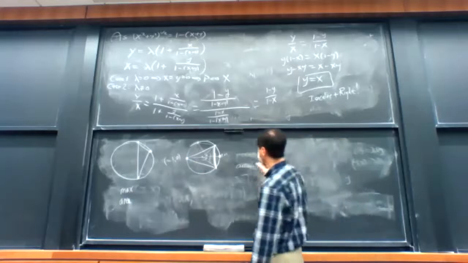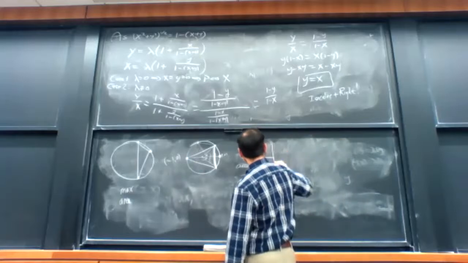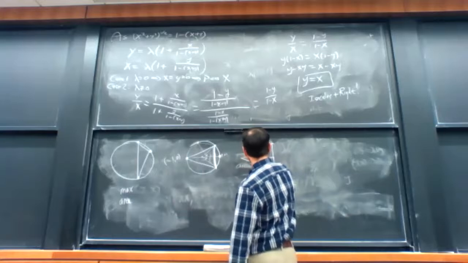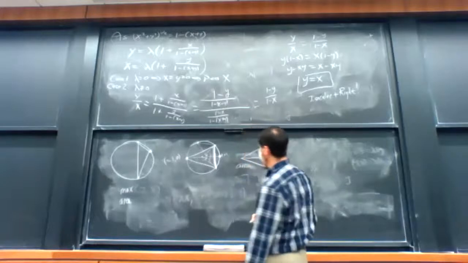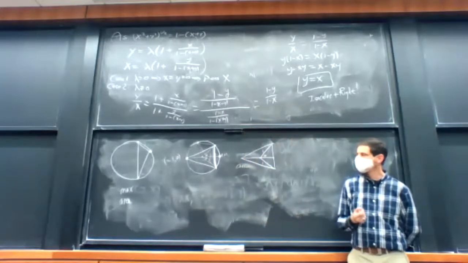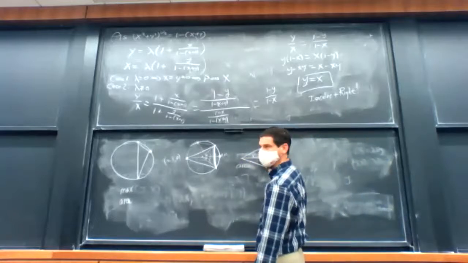And now we have a triangle, so this is 1, this is 1, this is theta. And now we need to figure out what is the area of this triangle. So this line over here, this is also 1 unit.